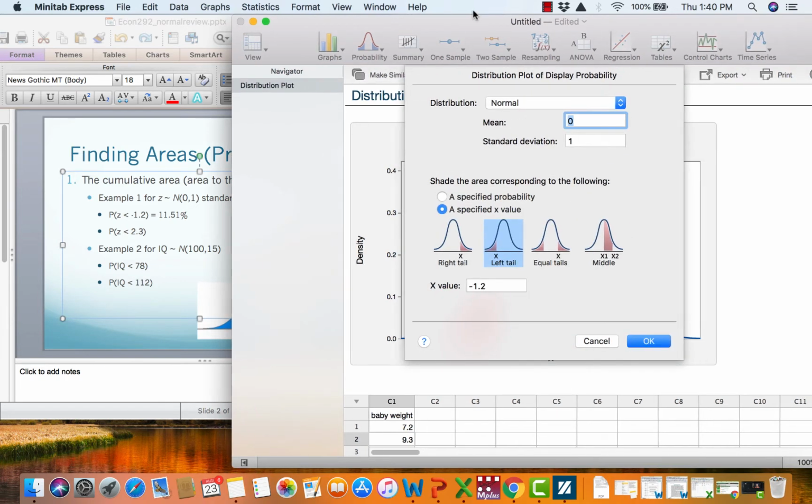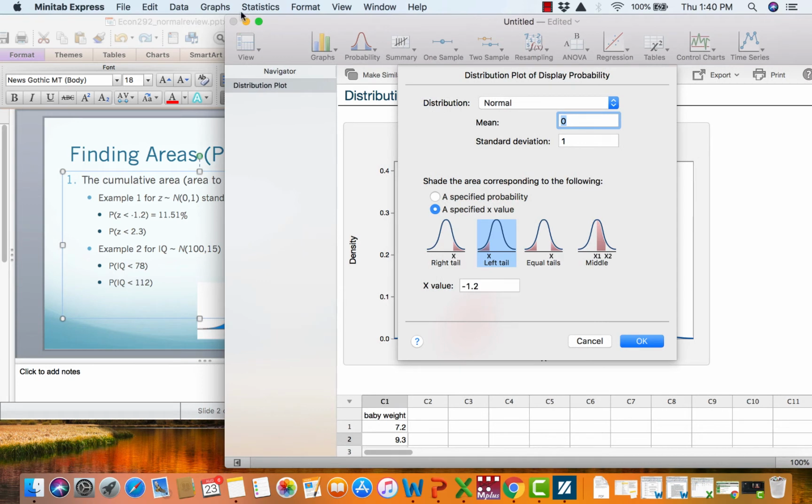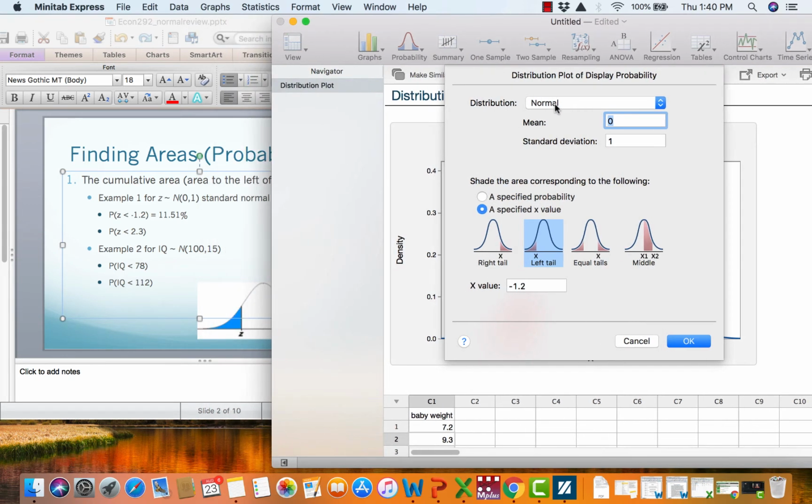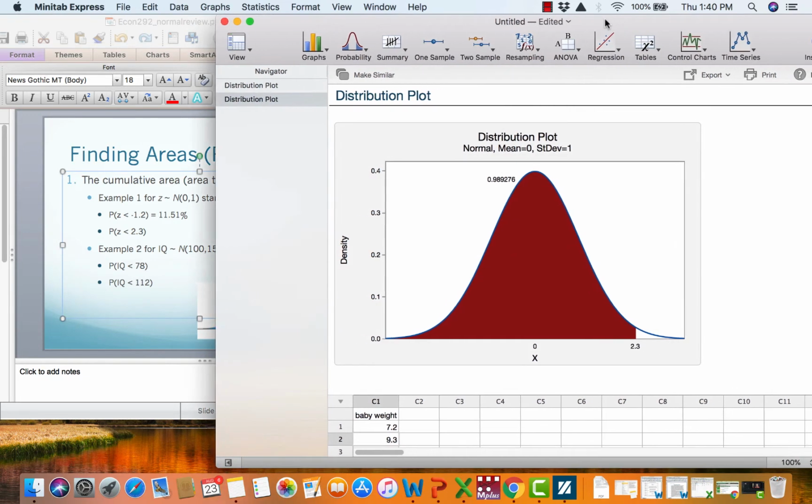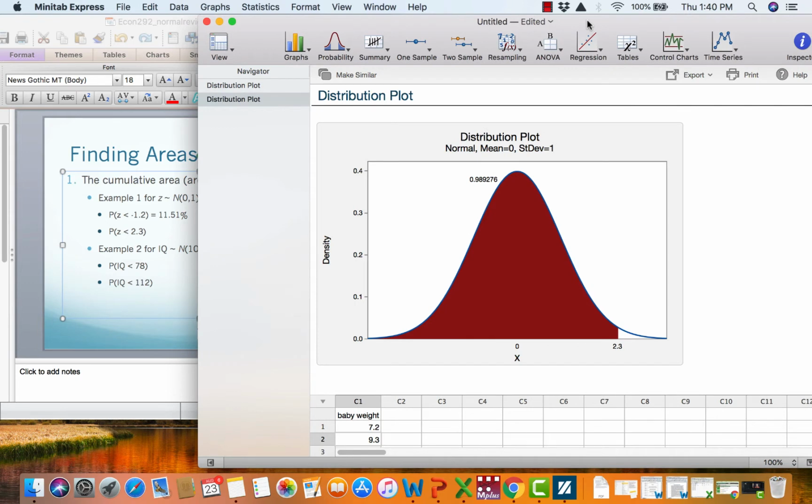And what we get here is the input screen from the last problem, okay? And so we have a normal distribution. It's standard normal with mean 0, standard deviation 1. We are given a z-score, all right? We want the probability to the left, but now instead of to the left of negative 1.2, we want to the left of 2.3. So we click on that. And notice here we get our picture.